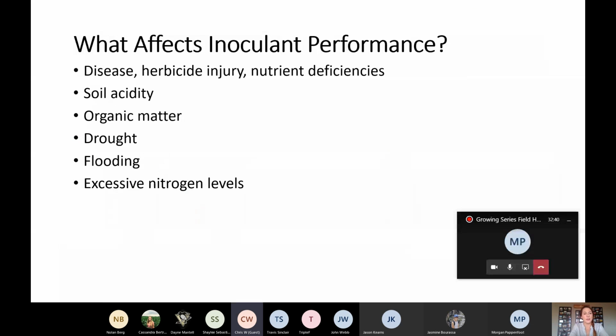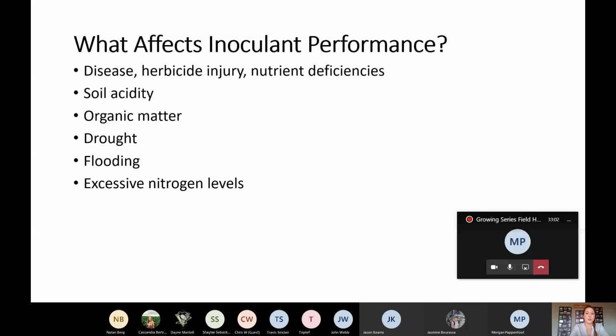There are a lot of different factors that will affect how these inoculants are going to perform. If you have a heavy amount of disease, or herbicide injury or any kind of nutrient deficiencies, you might see a decline in their performance, just because they need healthy plants. They're meant to add something to it, I guess.